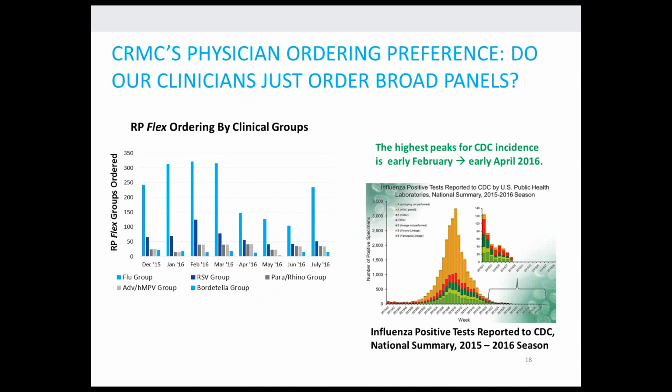As I had mentioned earlier, about a third of our patients, they were ordering both of those tests. The panels were not ordered that much. So our influenza-only orders really followed the CDC incidence of the influenza when it was going around. So we were happy to see that change.